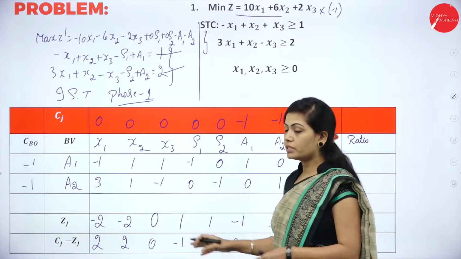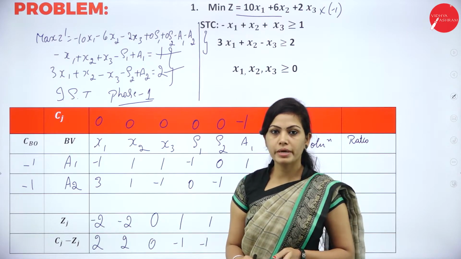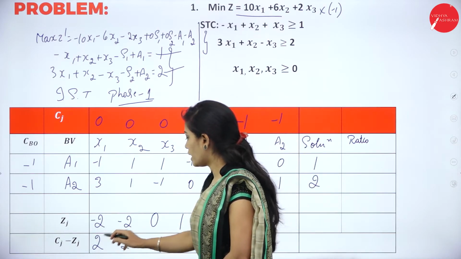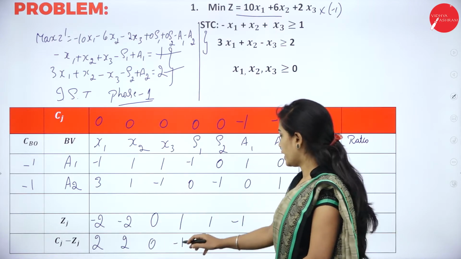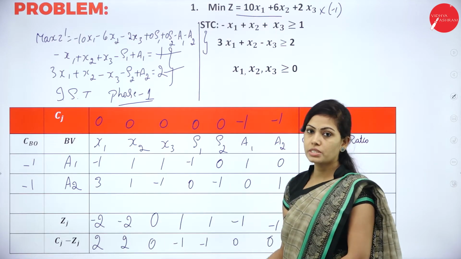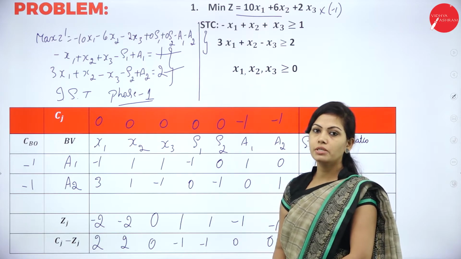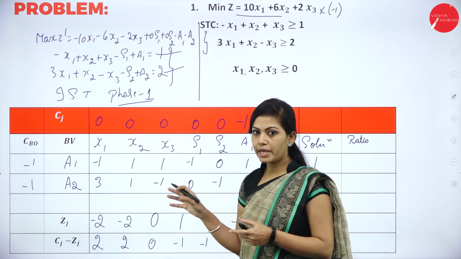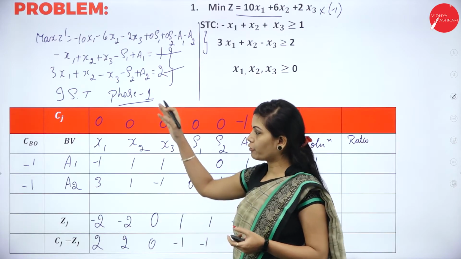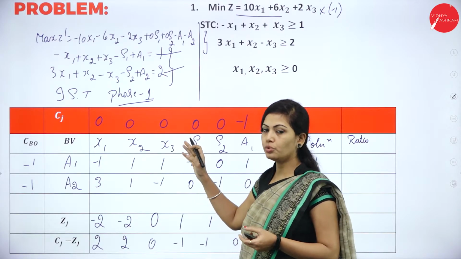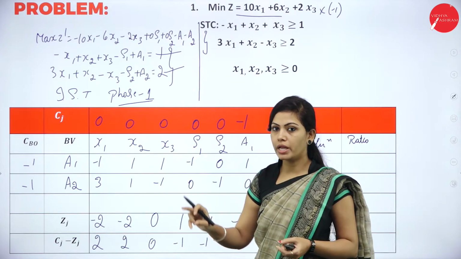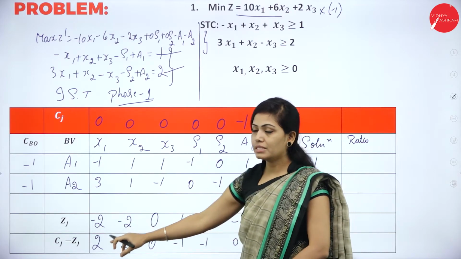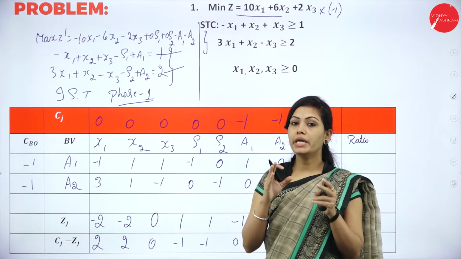Now you can check whether this value satisfies the optimality condition or not. Here I have plus 2 and 0, -1, -1. So it is not satisfying the optimality condition. So this is the two-phase method. In the two-phase method we have two phases, phase 1 and phase 2. Now I am solving phase 1. In phase 1, all the Cj minus Zj values should be 0.